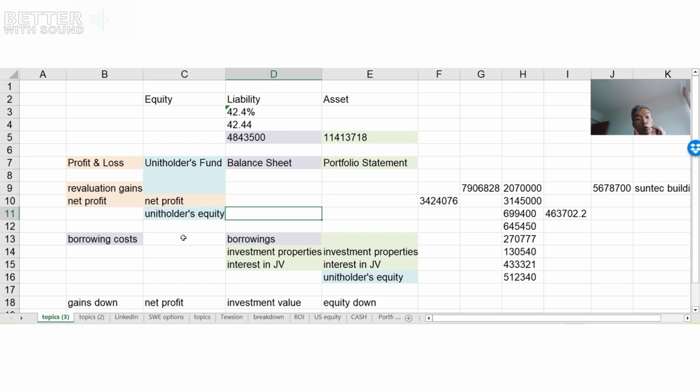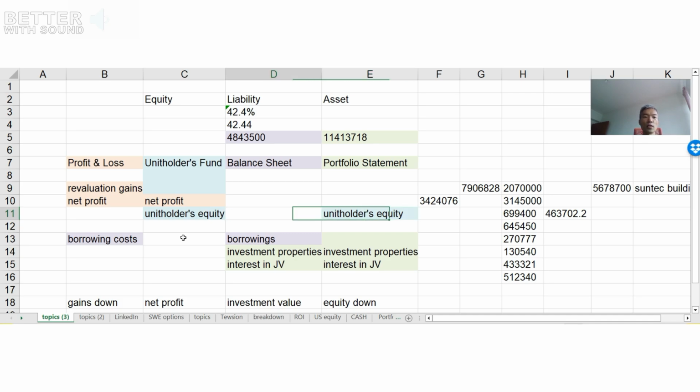If we go to the next statement, which is the portfolio statement, I have discovered that the unit holders equity is there too. Because I think accounting 101 or investing 101, asset equals equity plus liability. Since the buildings are an asset in the REIT, the unit holders equity is also found in this portfolio statement.